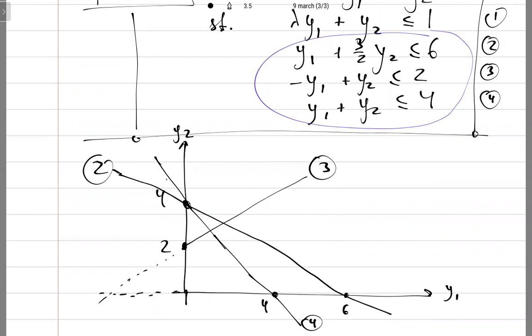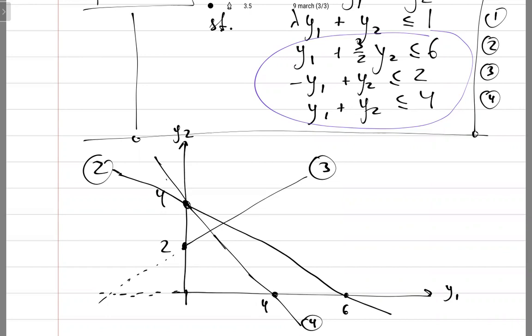And then we need to work with the first one. What will lambda change? What will lambda do? Slope. Yeah, exactly.